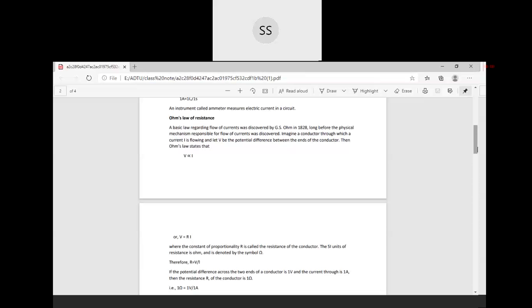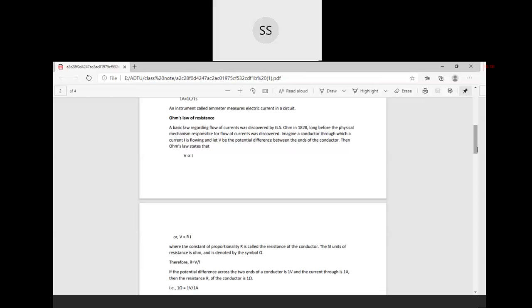Imagine a conductor through which a current I is flowing. Let V be the potential difference between the ends of the conductor. Then Ohm's law states that V is proportional to I. That means potential difference, or voltage, is directly proportional to the current. If voltage is higher, the current produced will be more. If voltage is lower, the current produced will be less.